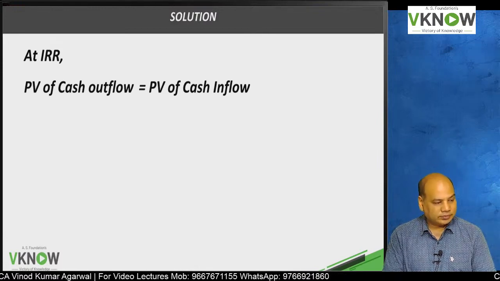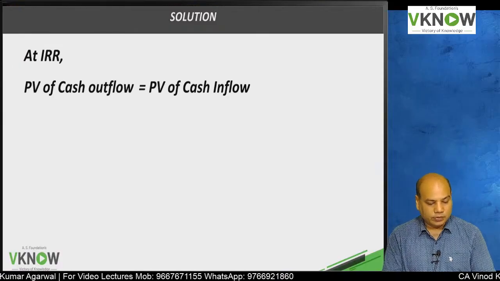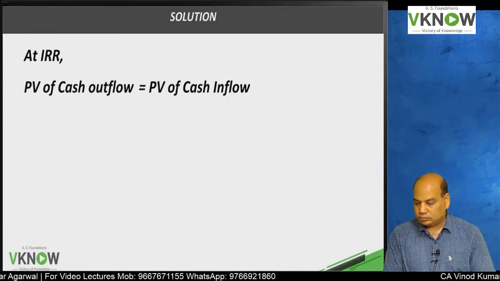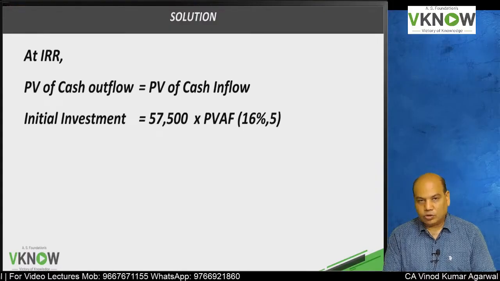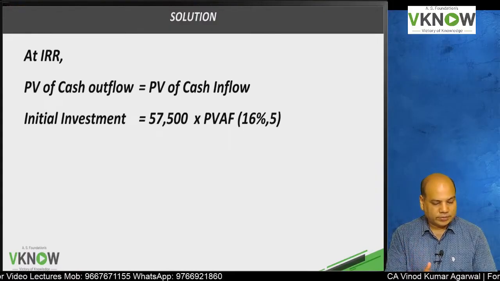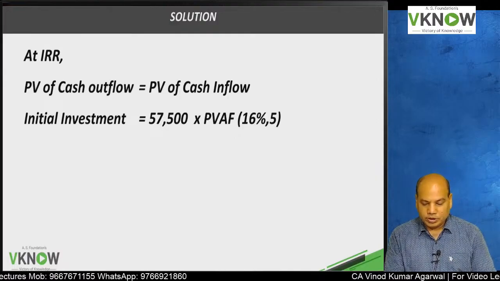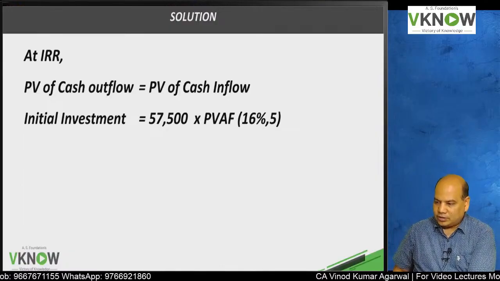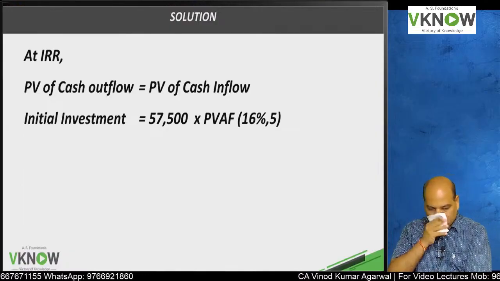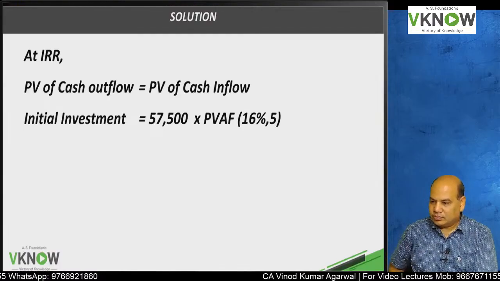At IRR, PV of cash outflow is equal to PV of cash inflow. Then write down, outflow means initial investment only. Initial investment equal to 57,500 into PV annuity factor at 16% 5 year.